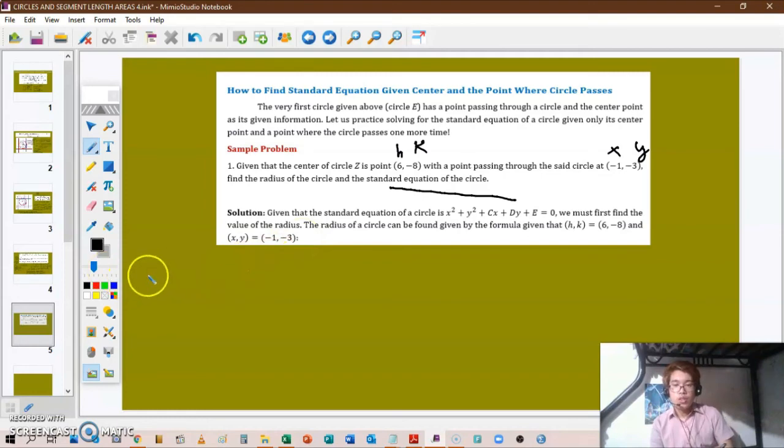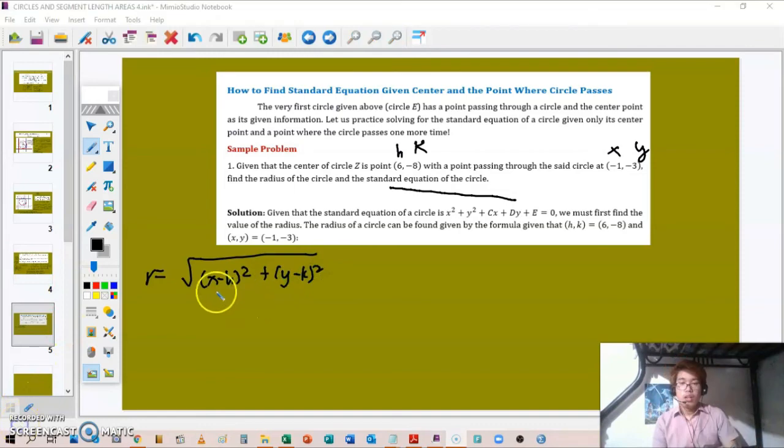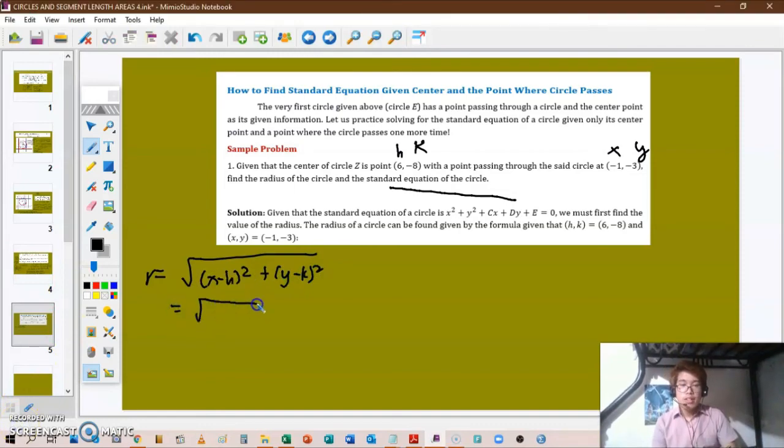So the radius is going to be equal to the square root of (x − h)² + (y − k)². Since we know that the value of x is equal to negative 1 and h is 6, so minus 6 squared, plus y, the value of y is negative 3 and k is negative 8, so that's going to be plus 8, squared.